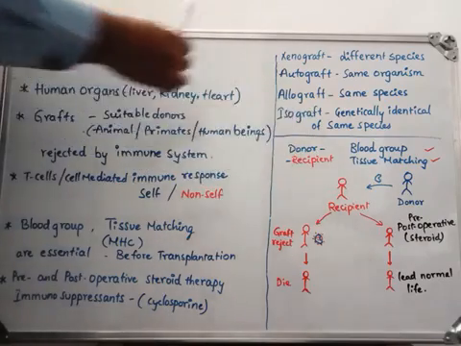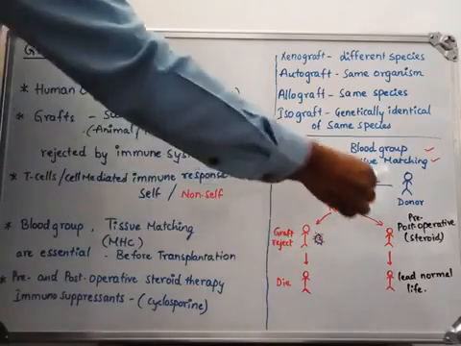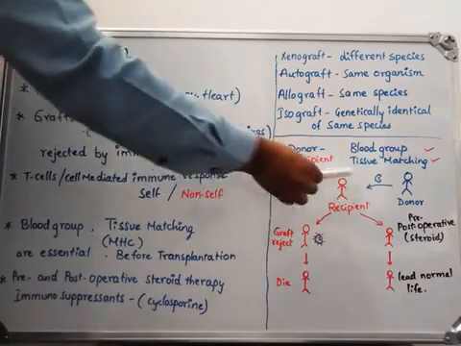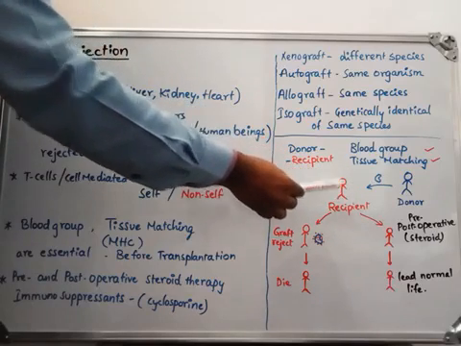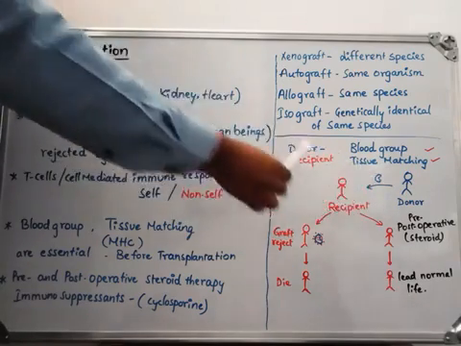That is an isograft. Now I am showing the graft rejection phenomenon with the help of a pictorial diagram. He is an affected person. Suppose his kidney was affected, then a kidney transplantation must take place.